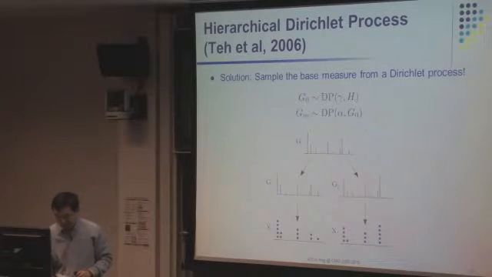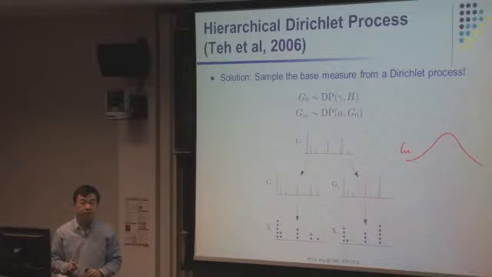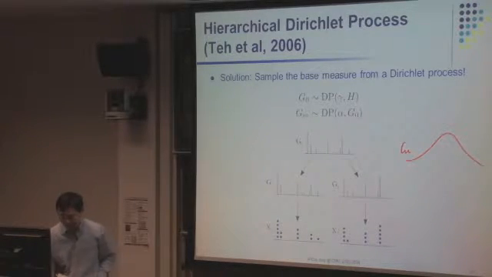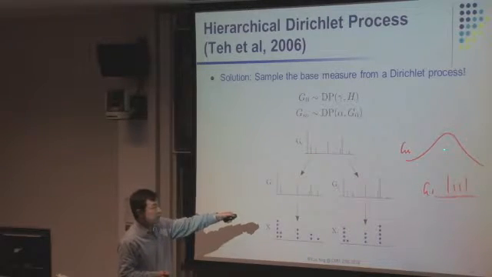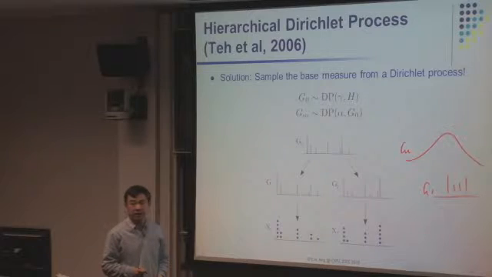In the previous case, our G0 is what? It is a continuous Gaussian distribution. Okay. And I'm going to draw from it for a single Dirichlet process. Okay. And here I have discrete samples. Now here I'm going to make this into a discrete distribution itself.